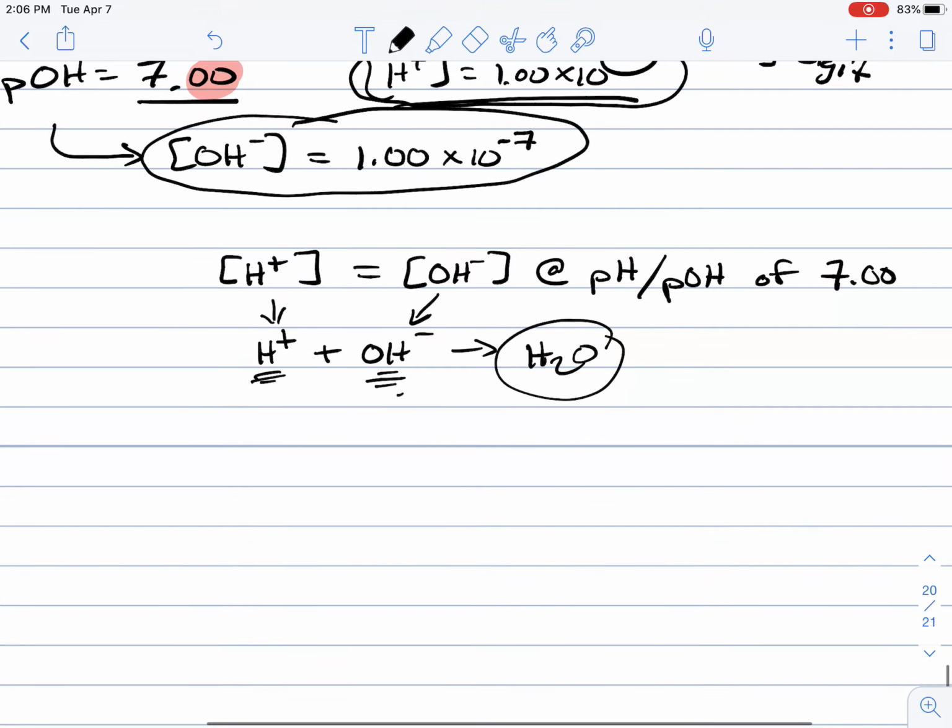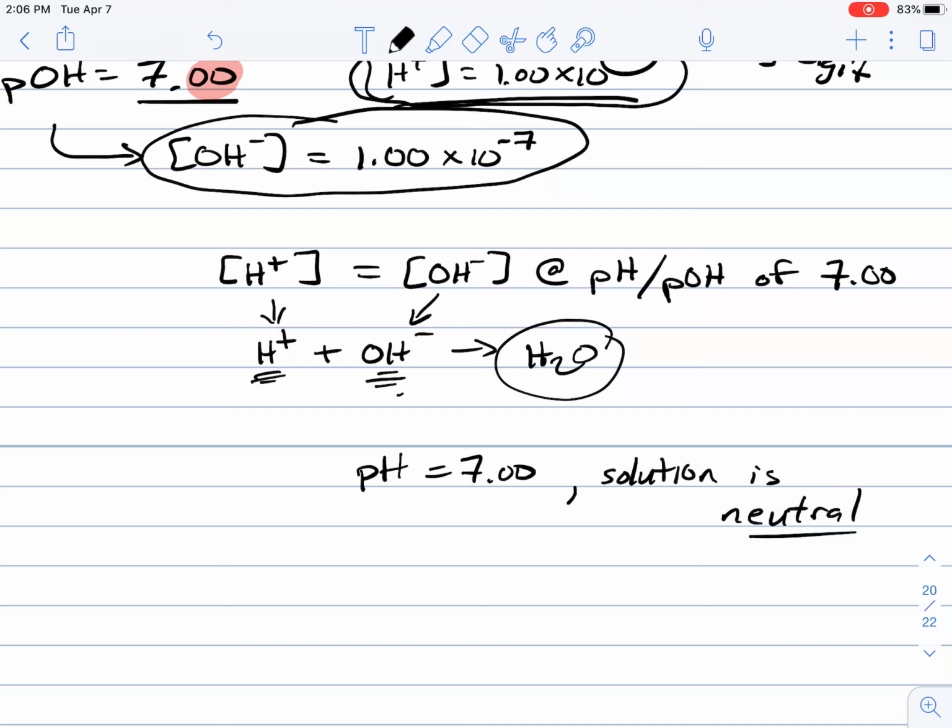And so this is the reason why we say that when the pH is equal to 7, the solution is neutral. Why? Because we've neutralized all of the acids, we've neutralized all of the bases present in the solution, and they're going to form water.